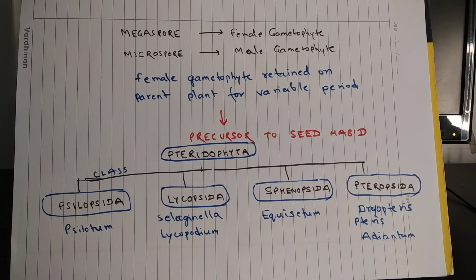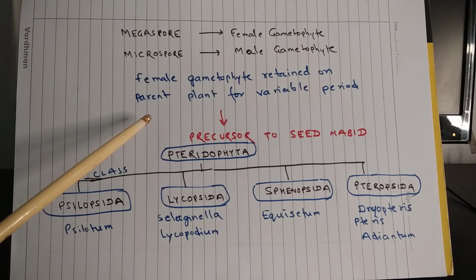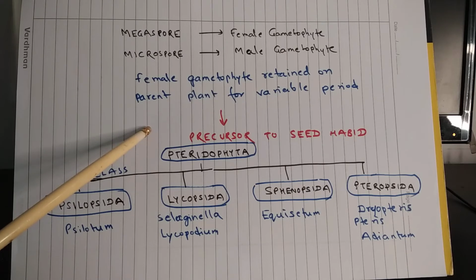So the seed gives a survival advantage to the plant, and that is why this feature of some of the Pteridophytes is important to understand how plants evolved from non-seed bearing plants to seed bearing plants.